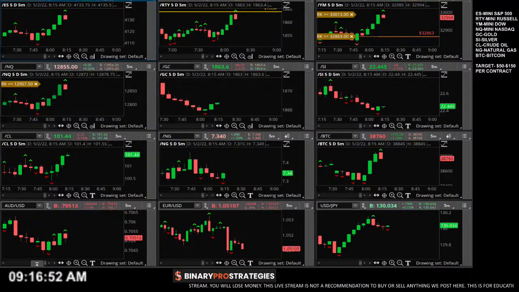Reversal, if we don't hit target first, is going to be 127.95.